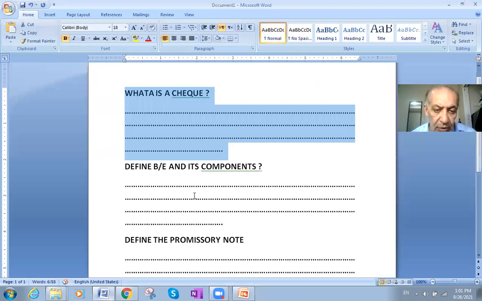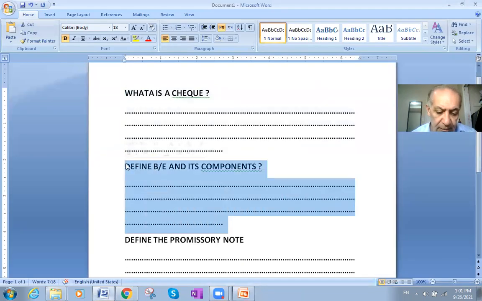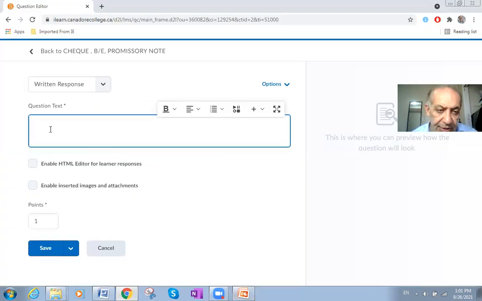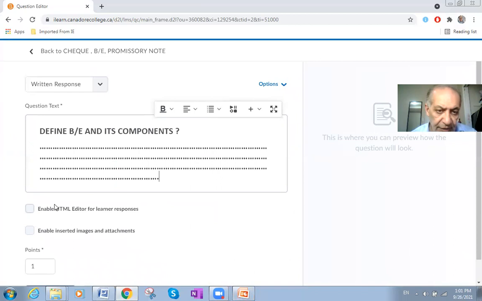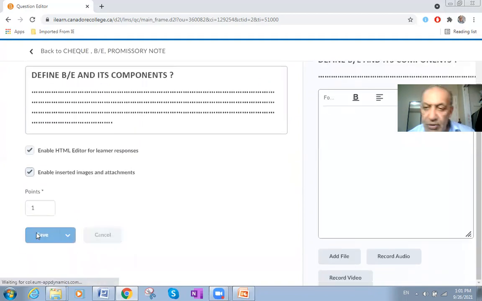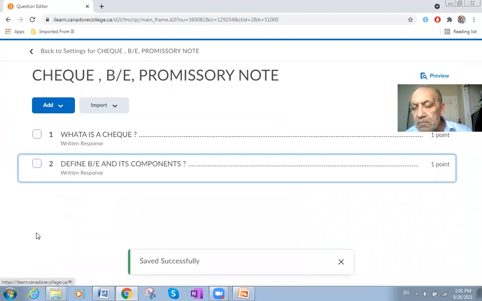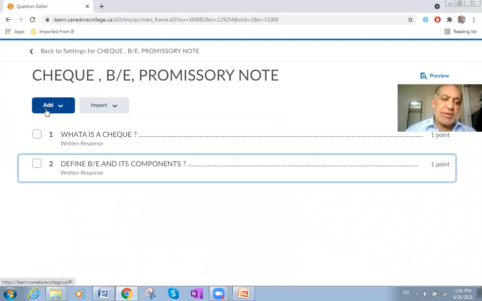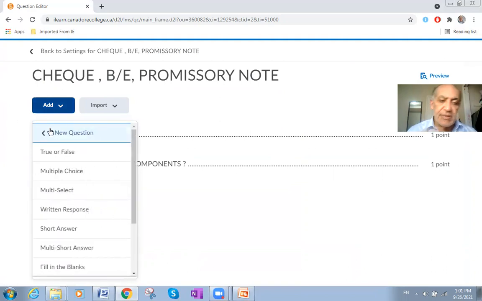We'll go to our own portal. Control C. Then we'll go to our second question right now. Control V. Define bill of exchange and its components. Then we'll save it. Then we'll add a new question.